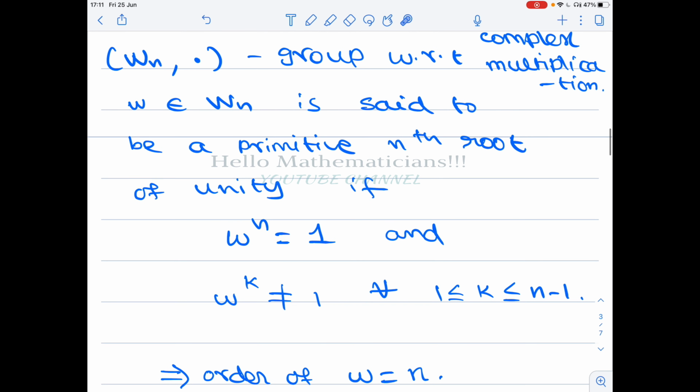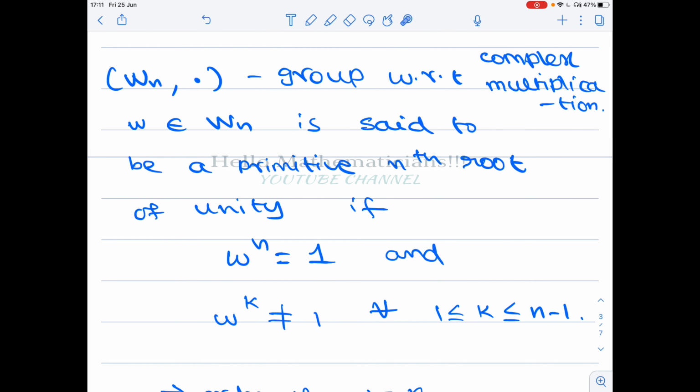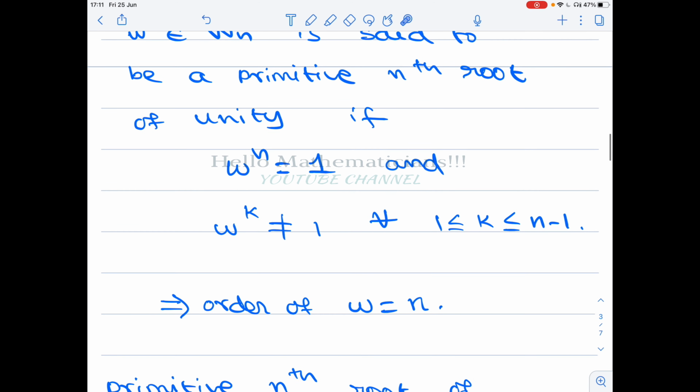So in this multiplication group, what is the order of a primitive nth root? The order of an element in a group means you multiply that number with itself, and the first time the identity comes, that is the order. If it's a primitive nth root of unity, you have to multiply it with itself n times, and only then will you get the identity.